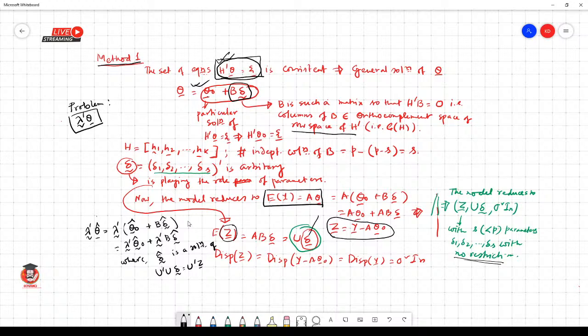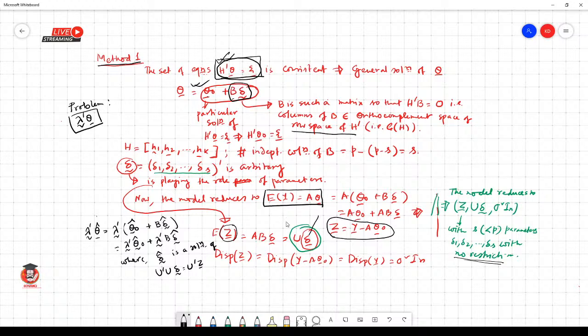That means this is the solution of the homogeneous equation H prime theta curl equals 0. B delta curl is a solution of the homogeneous equation H prime theta curl equals 0.